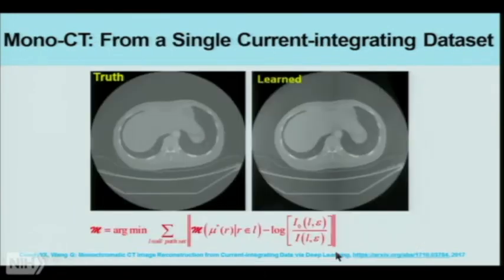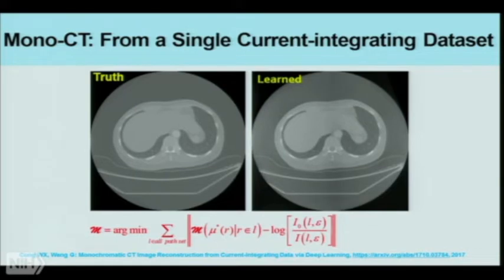And next example: we are working, in collaboration with several collaborators, on monochromatic CT reconstruction. Normally you perform a dual energy CT scan, then you can do monochromatic image decomposition. And instead of performing dual energy CT using kVp switching or dual source or dual layer detectors, we tried a neural network and got some interesting results.